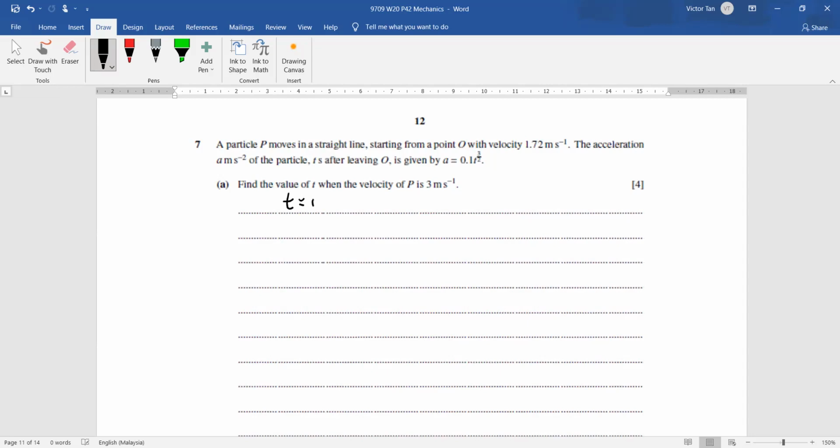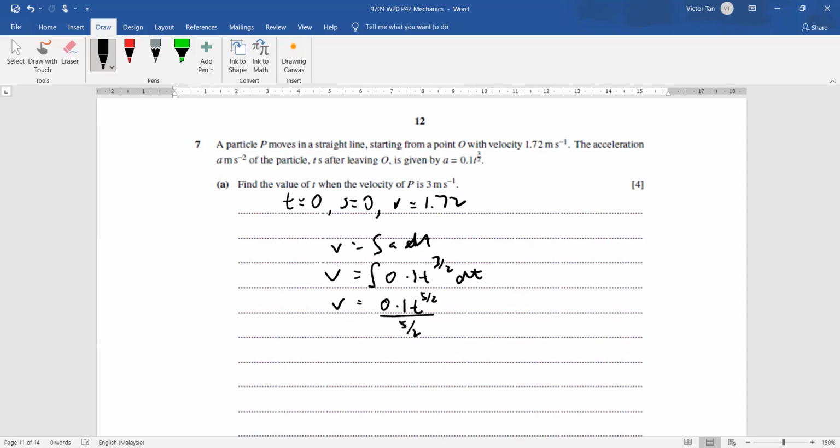So when t equals 0, s equals 0, v equals 1.72. V is integrate a dt. V equals 0.1 t to the power 5 over 2 over 5 over 2 plus c. 1 over 10 times 2 over 5 is 1 over 25.